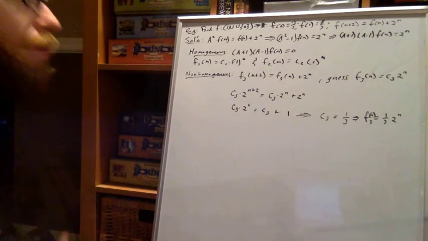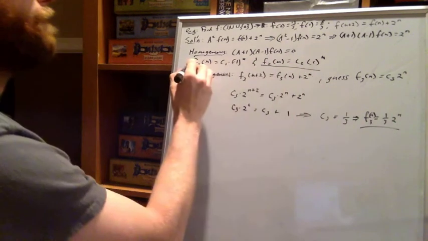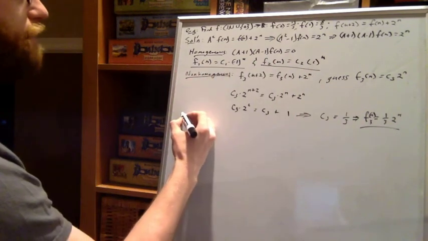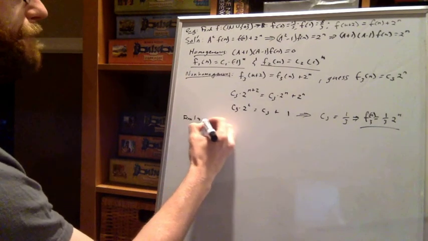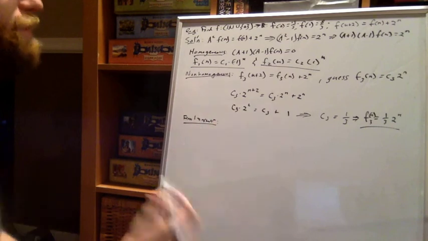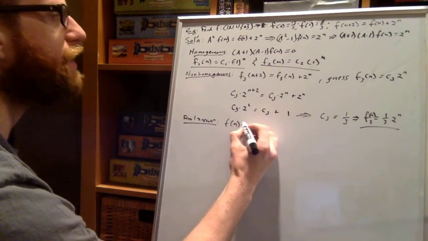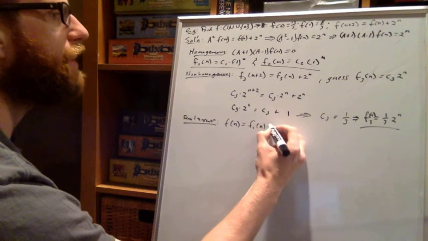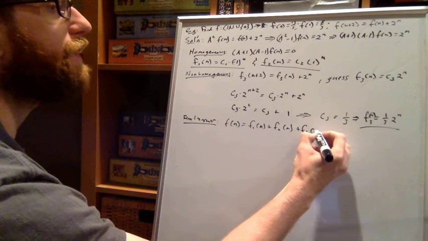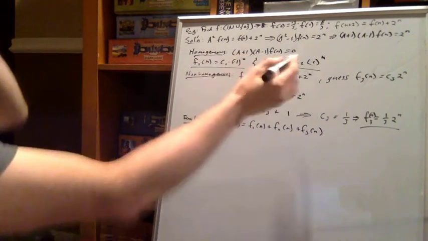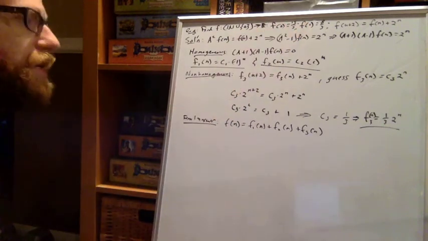Now hopefully I can take all three of these components, put them together, and find the final answer. My final answer is f of n equals f1 of n plus f2 of n plus f3 of n. I need to find the constants c1 and c2, which I'll do by plugging in my initial conditions.